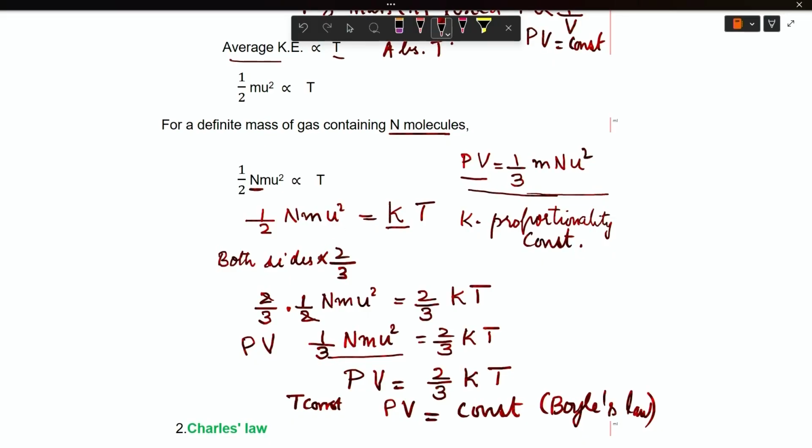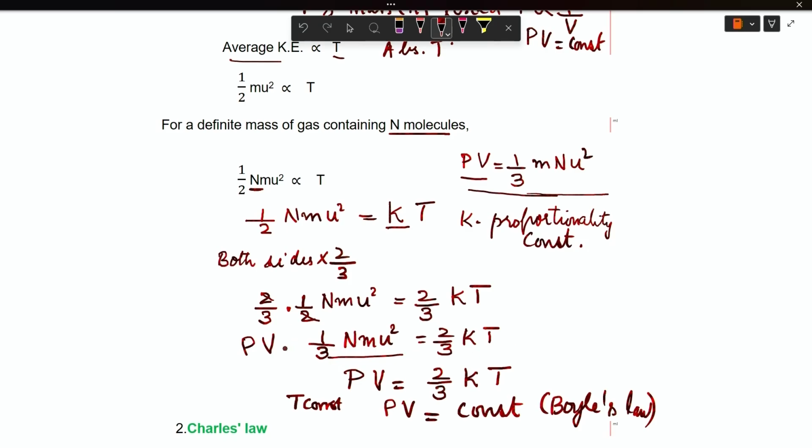For that, I am going to multiply both sides of the equation with 2 by 3. So, multiplying with 2 by 3, I get 2 by 3 into 1 by 2 n m u square is equal to 2 by 3 into k into T. Cancelling 2 in the denominator and numerator, we get 1 by 3 n m u square is equal to 2 by 3 kT.